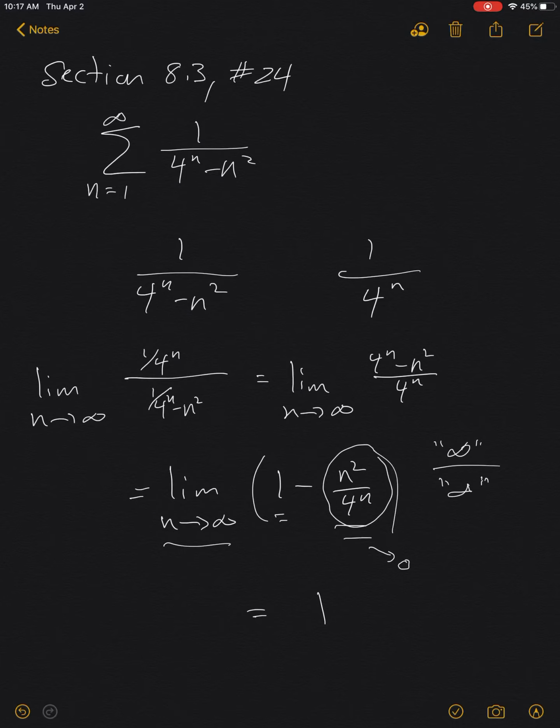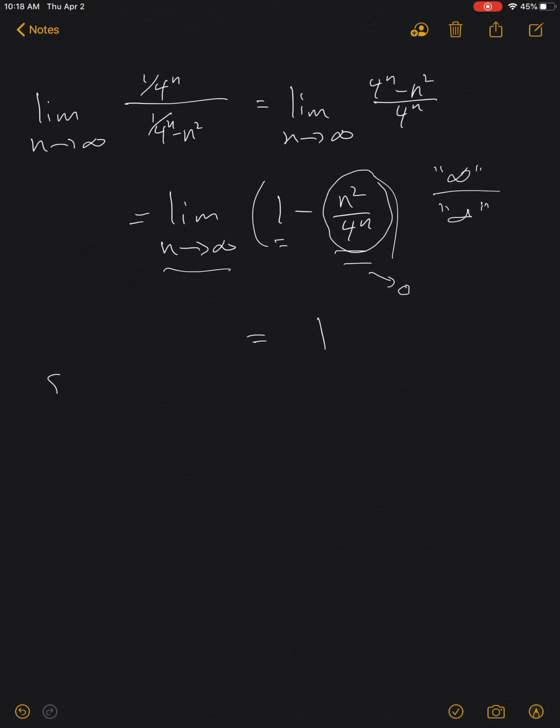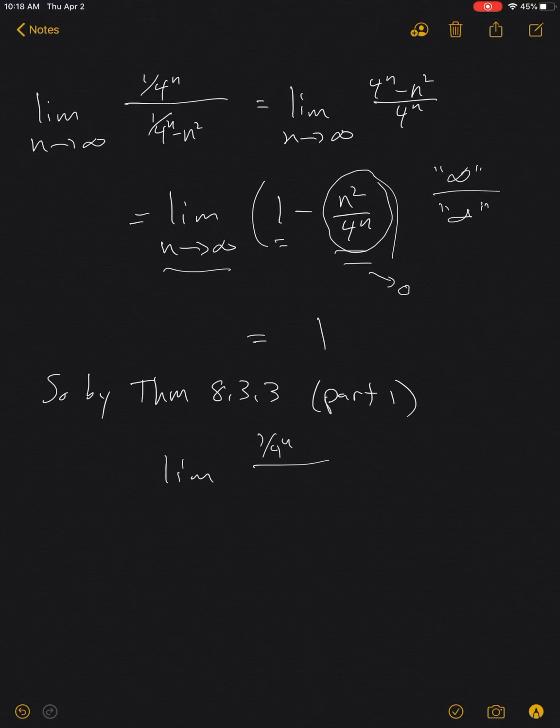If we look at theorem 8.3.3, which is our limit comparison test, in particular the first part, the fact that our limit is equal to 1 tells us that the two series have the same either convergent or divergent behavior.